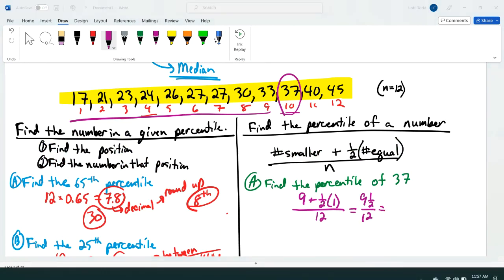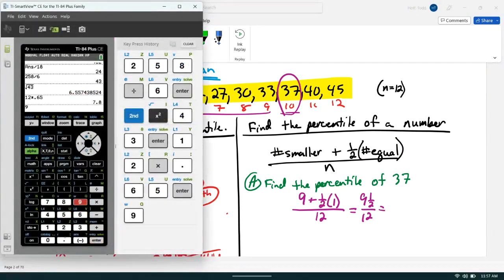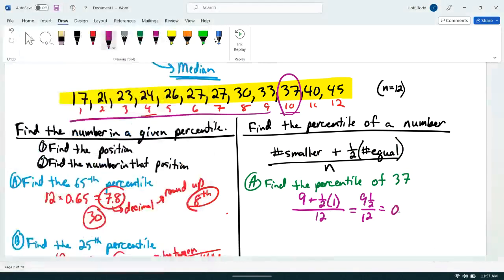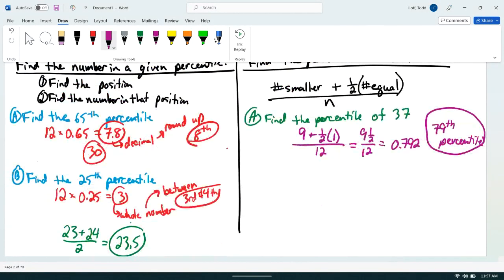If I divide that out, 9.5 divided by 12 gives us 0.792. We're just going to round that to the 79th percentile. So the 37 here is approximately the 79th percentile. 79% of the data is smaller than 37.